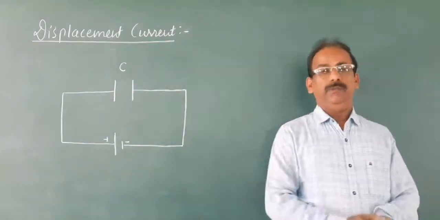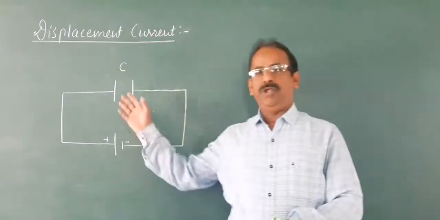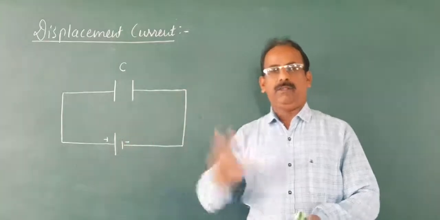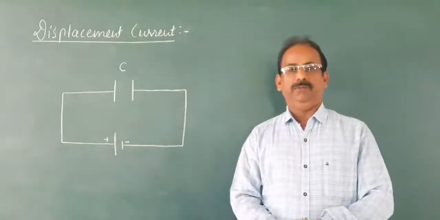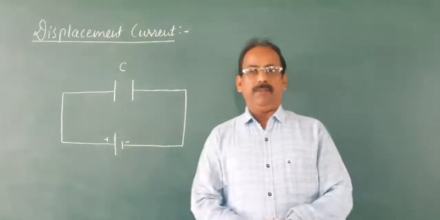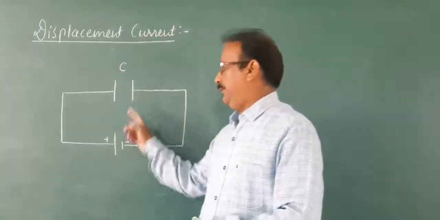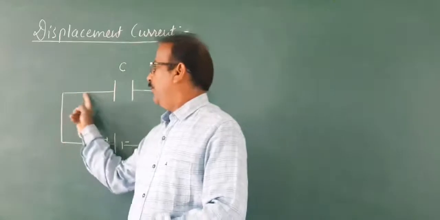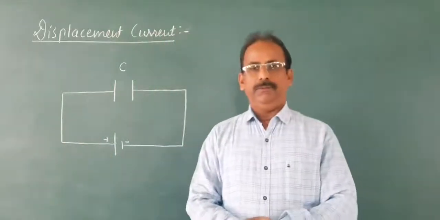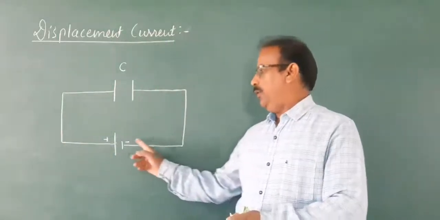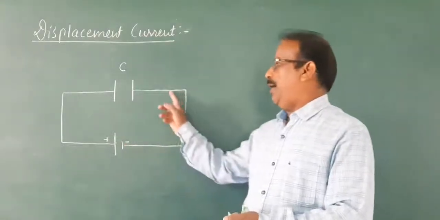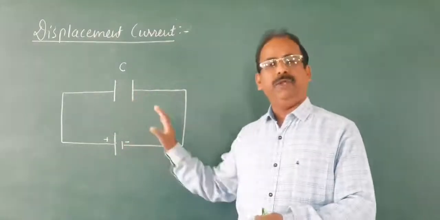Take one circuit in which capacitor is connected across the terminals of the battery. DC circuit. These are the connecting wires. In this connecting wire, as the circuit is closed, you will get current.